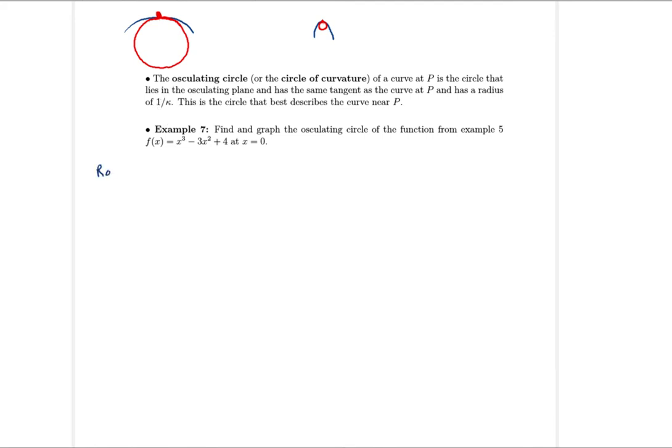Okay, so let's just do this for x equals 0, because we know from the example we just did, the curvature at 0 is equal to 6. So therefore, the radius of our osculating circle is 1/6.